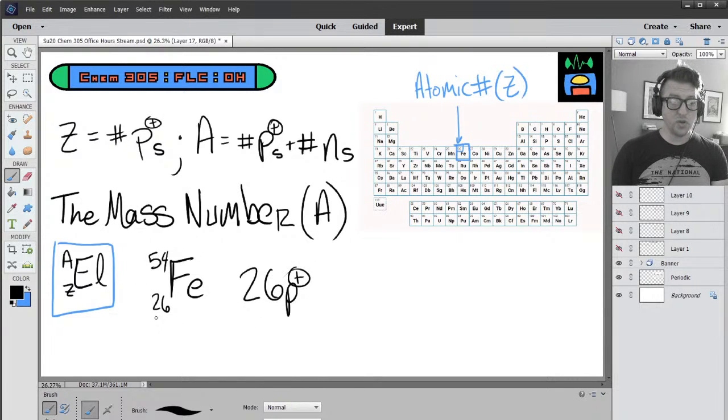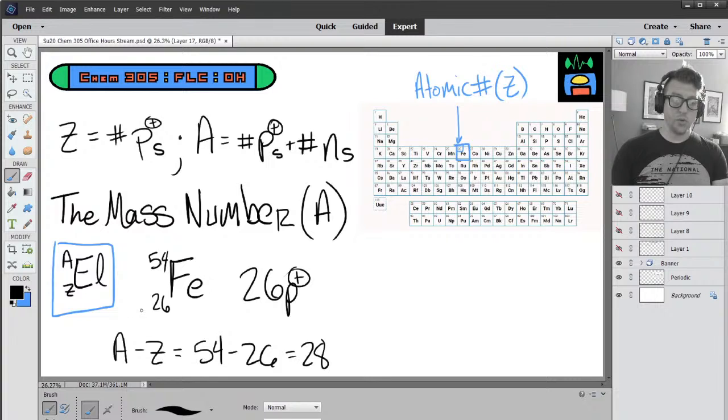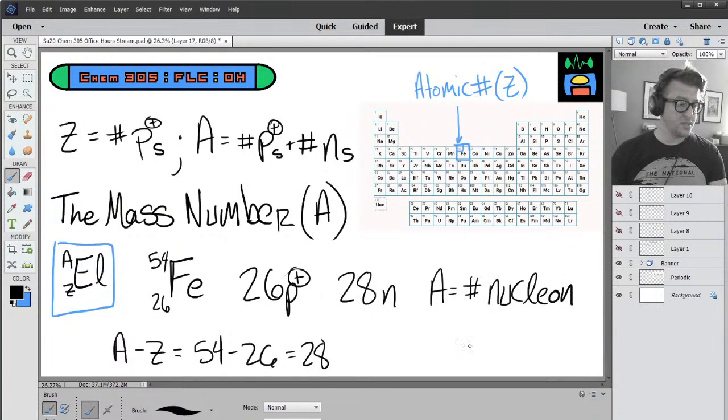To find the number of neutrons, we subtract the atomic number from the mass number. So 54 minus 26, which maybe I could do in my head, but I'm not going to try, comes out to be 28. So this isotope of iron would have 26 protons, 28 neutrons, and the mass number A is the number of nucleons, which is just protons and neutrons together.